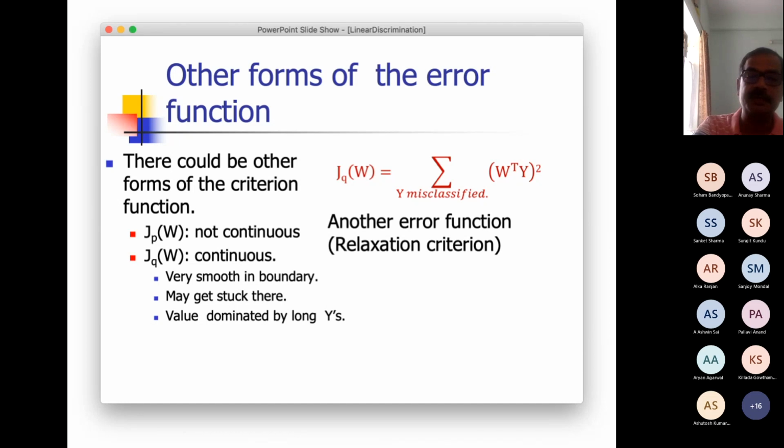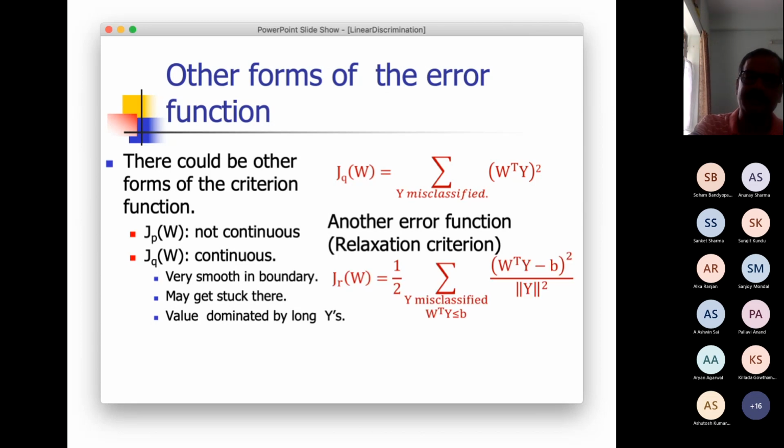The value is dominated by long Y's. One disadvantage of this particular error function, and even the previous one, is that if Y is very large, since you are taking the resultant, that particular vector will dominate over the resultant value. So it is better, because it's the direction, the resultant vector, you are considering, why don't you normalize it?